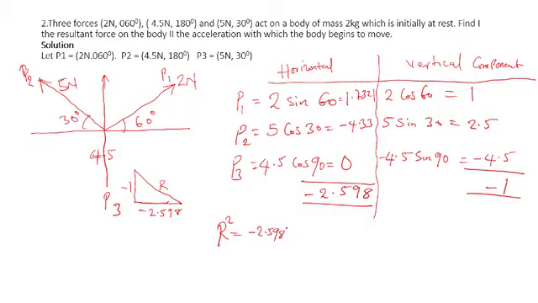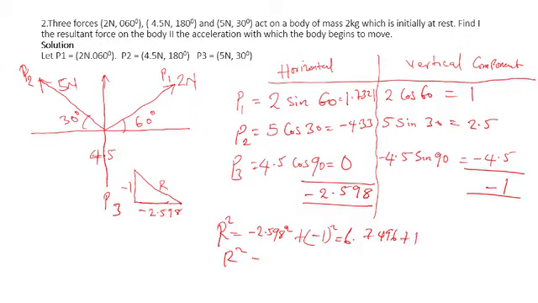minus 2.598 squared plus minus 1 all squared, which is equal to 6.7496 plus 1.